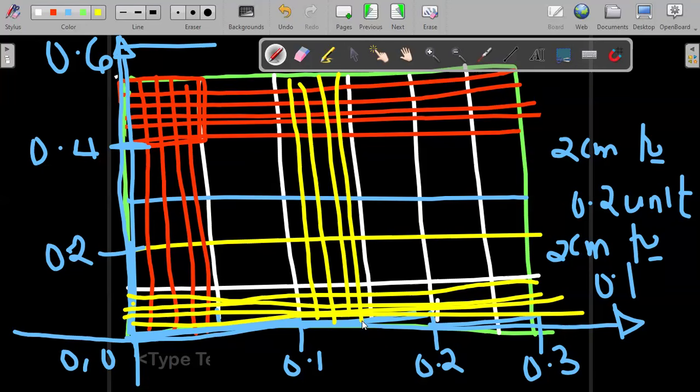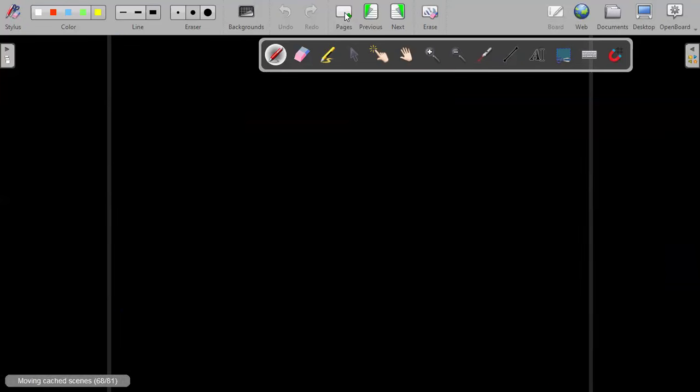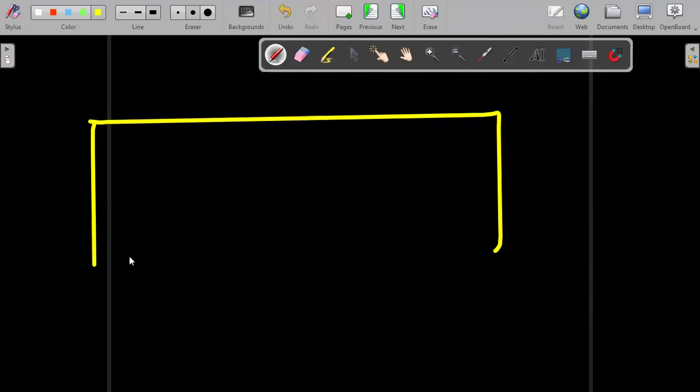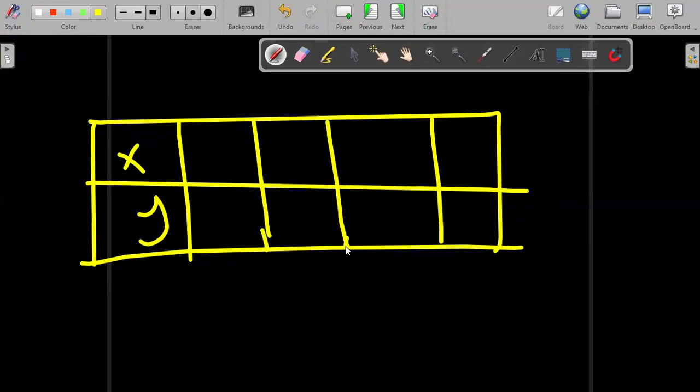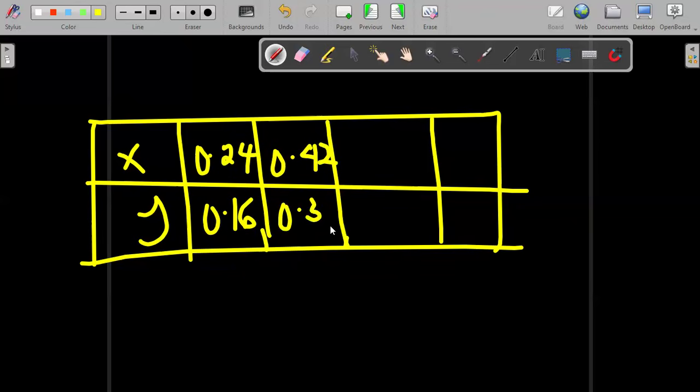So let's assume now you have a table like this. Let's use X and Y to represent our horizontal and vertical. But like I told you, physics doesn't recognize what is X and Y. So let's assume you have 0.24. Here you have 0.16. Here you have 0.42. Here you have 0.31.